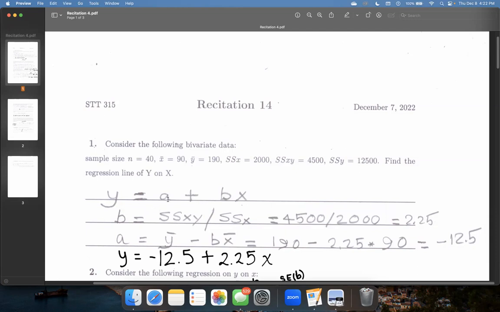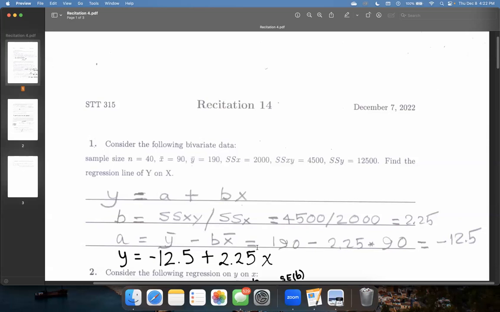And then our a is going to be equal to y bar minus b x bar, because if we had y bar equals a plus b x bar, if you solve for a, this is what you get. So it's just taking this and reworking it to have a equals an expression.